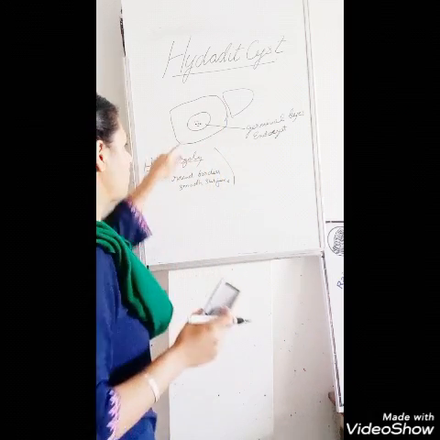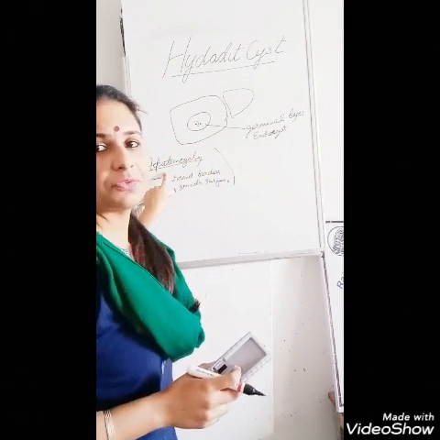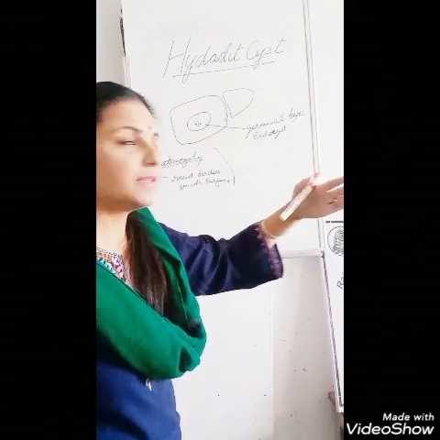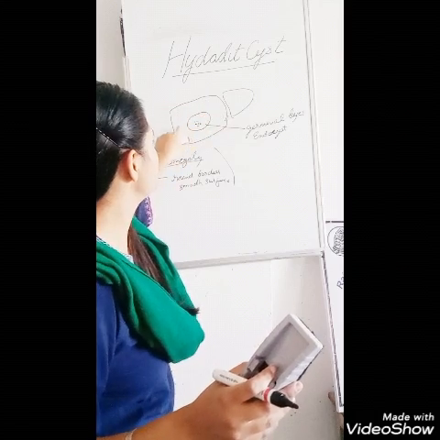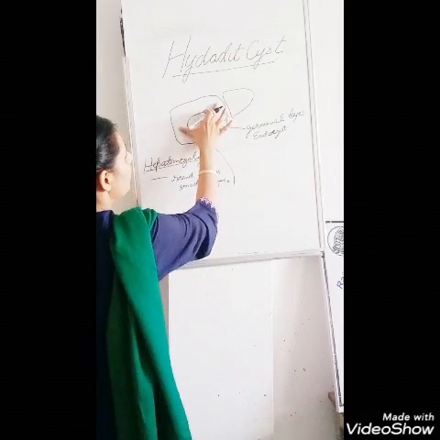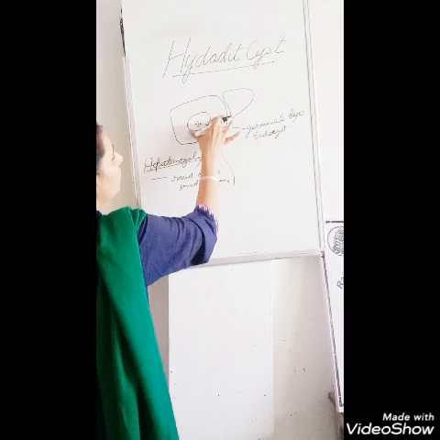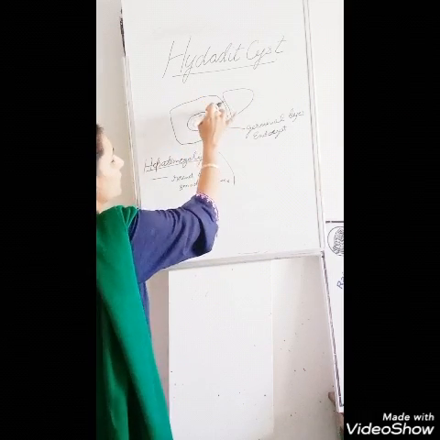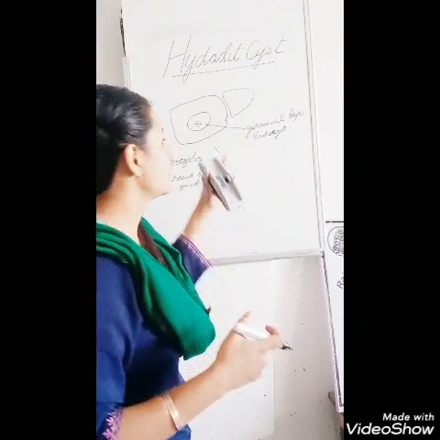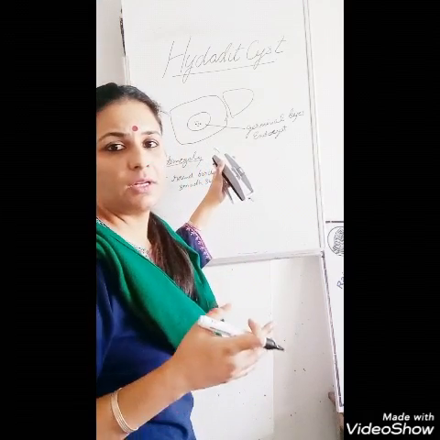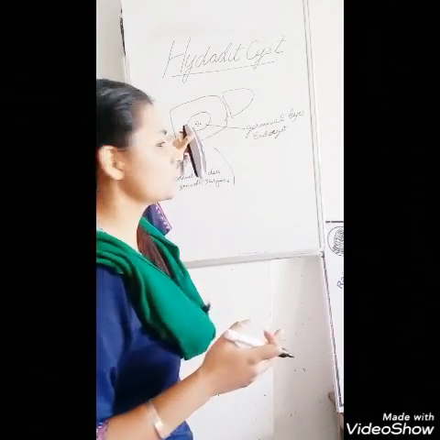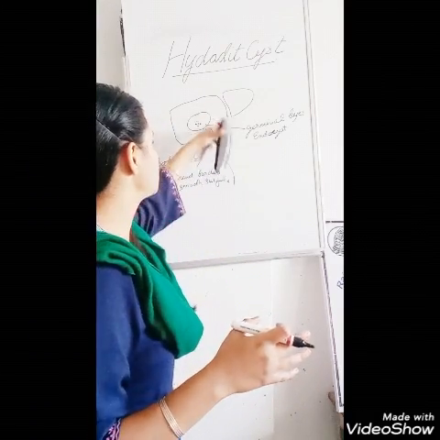Now this will cause what? Increase of the size of the liver, and because the liver increases, this will compress the tissue of the liver as this cyst is growing on. It will compress the surrounding tissues and structures, the veins and the canals present in the liver.